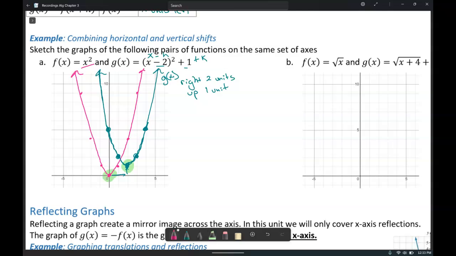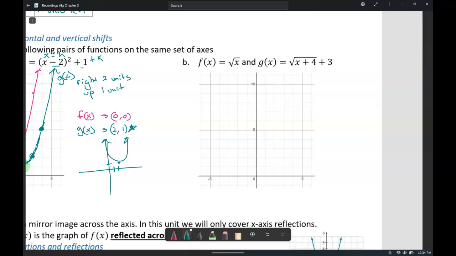If our starting point on f of x is at (0, 0), and we know that g of x is going to be right 2 units and up 1 unit, we now know where our new starting point is. And so then we can graph much more reliably because we know that we're going to start at (2, 1), and then our quadratic is going to look like this. We just need to get a couple points to see exactly how that graph shows up.